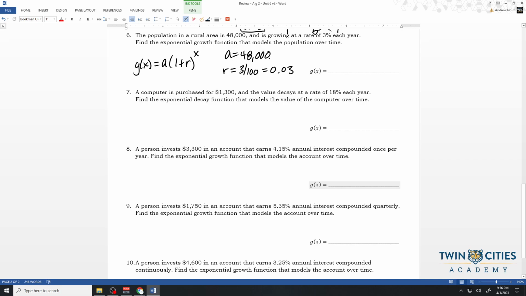Taking a is 48,000 and r is 0.03, I can plug them into this and say g of x equals 48,000 parentheses 1 plus 0.03 to the x.